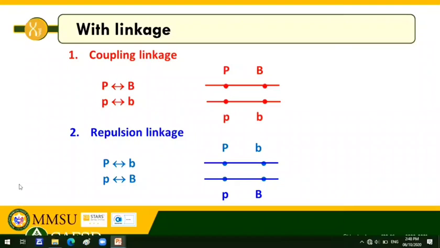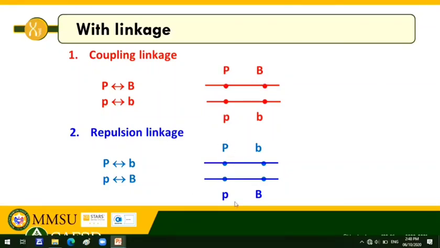Alright? So, example, dominant P, recessive B, nandun sila sa iisang chromosome. Yung example natin kanina, magkasama yung dominant genes P and B. So, yung example natin kanina ay isang example ng coupling linkage dahil magkasama ang dominant genes P and B.